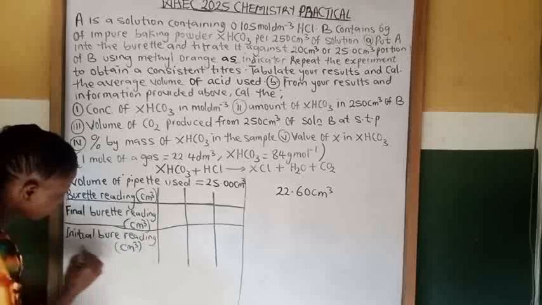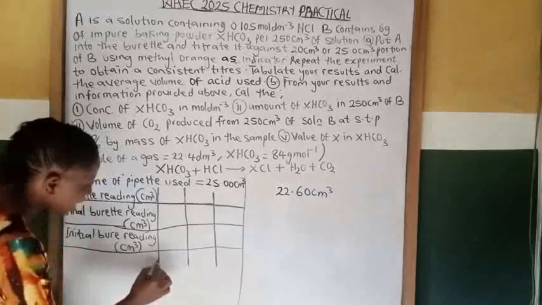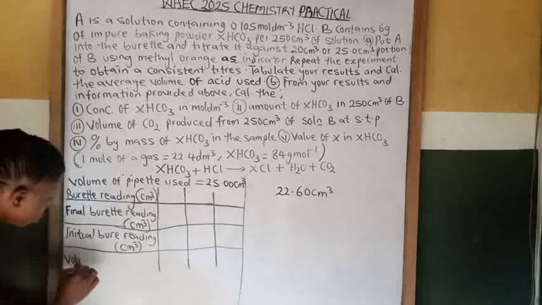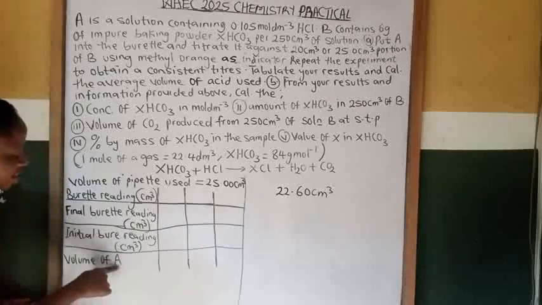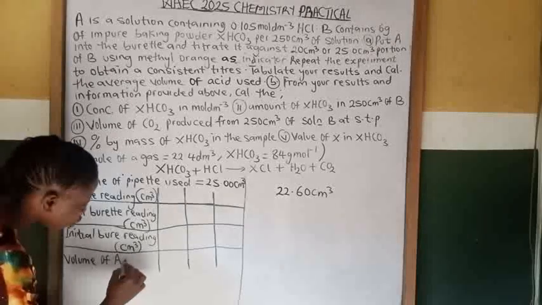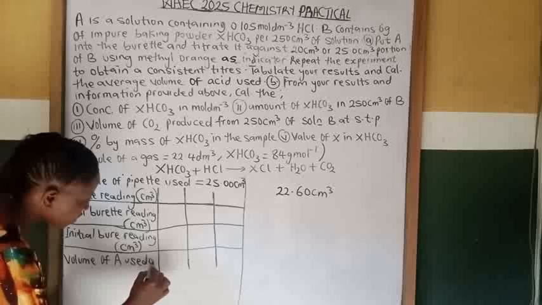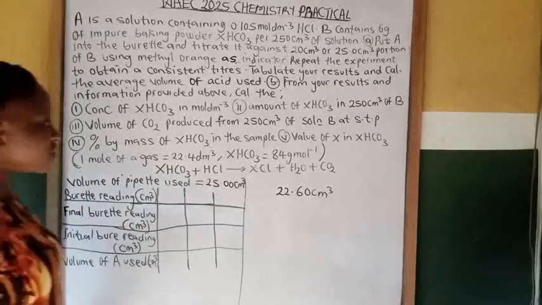Your unit in centimeter cube is very important. Then the last stage is volume of acid used. A is your acid. Volume of acid used in centimeter cube. Don't forget, volume of acid used in centimeter cube.